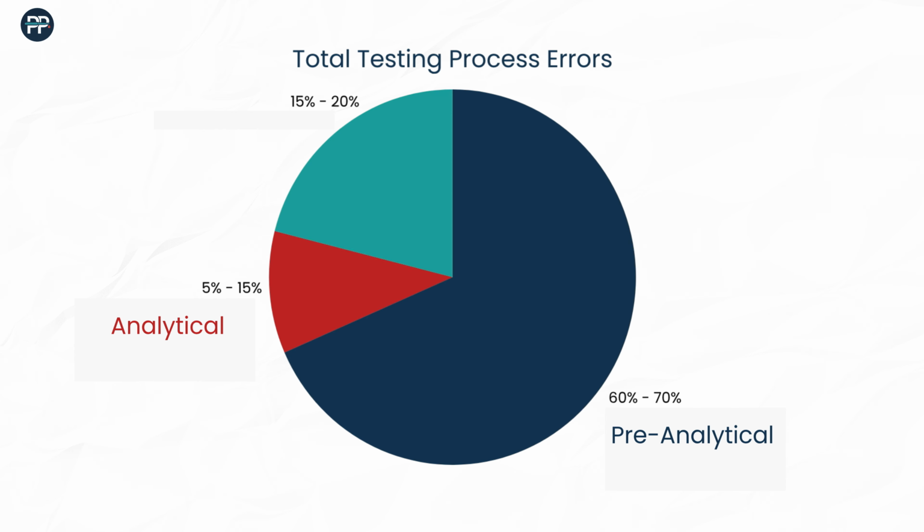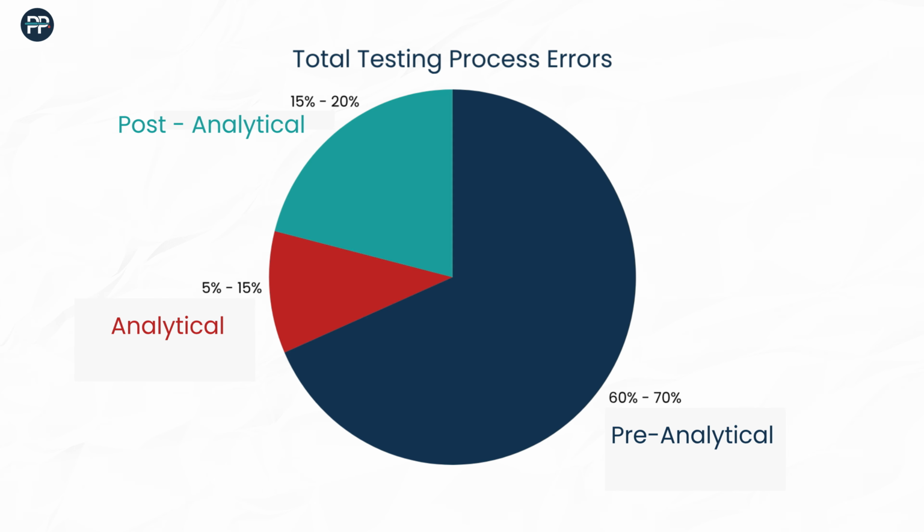It remains critical, but modern analyzers, automation, internal quality control, external quality assessment, calibration, maintenance, and method verification have made this phase more controlled than it was historically. The post-analytical phase accounts for the remaining errors, often reported around 15 to 25%.